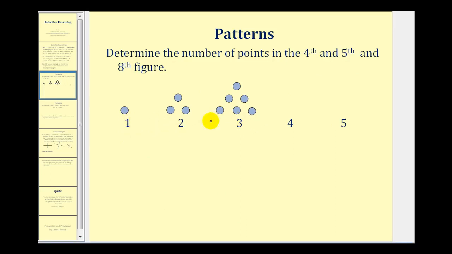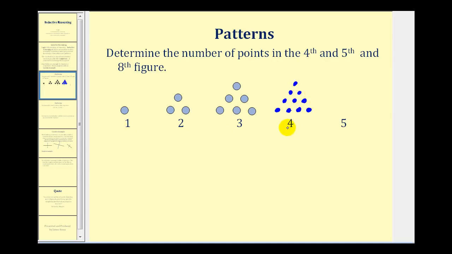By analyzing the first three figures, we should be able to determine that the bottom row of the fourth figure is going to have 4 points, and the number of points will decrease by 1 until we reach the top of the triangle. So we'll have 4, 3, 2, and 1 by following the given pattern.